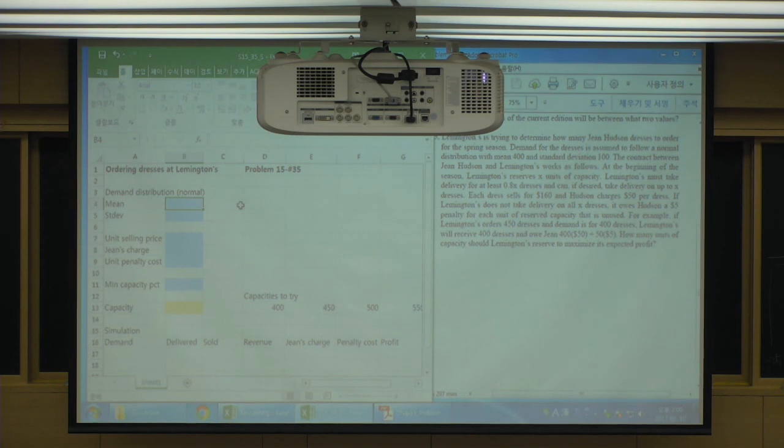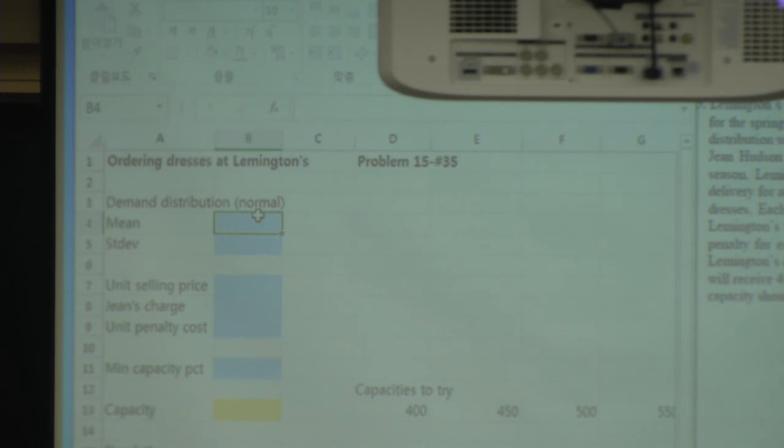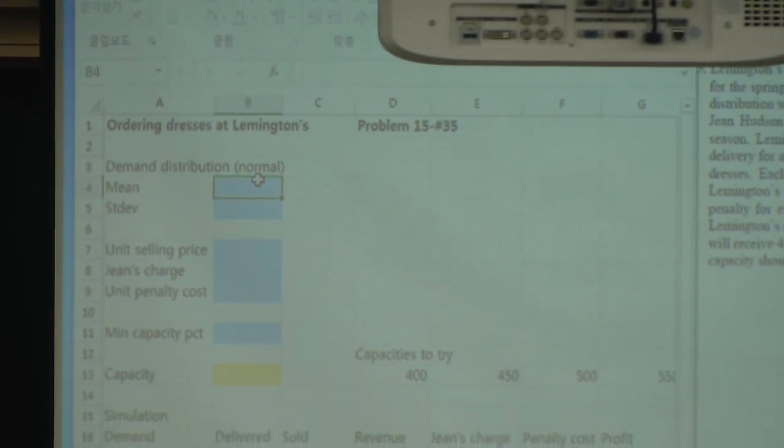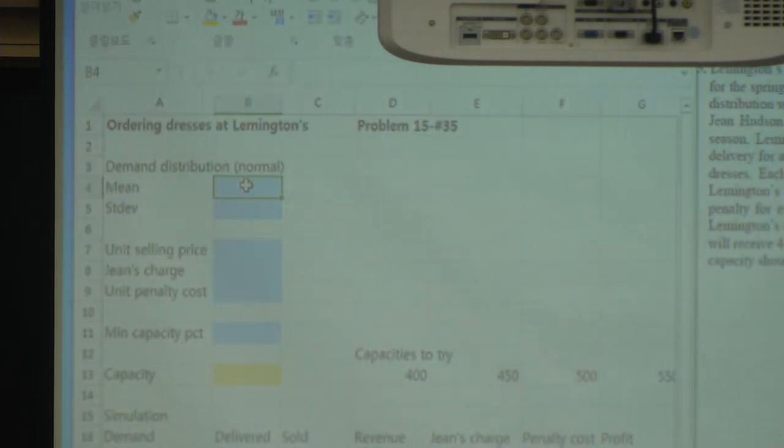The first step is to write down all this information you already have. So it's straightforward. We know that the demand follows normal distribution with mean 400. You put down the number here, 400, and then the standard deviation 100.